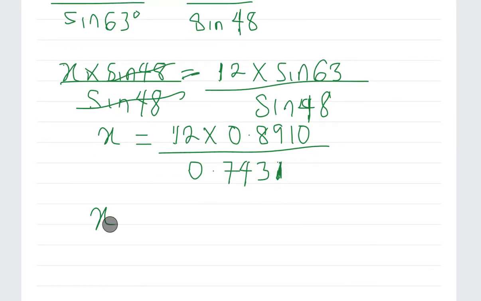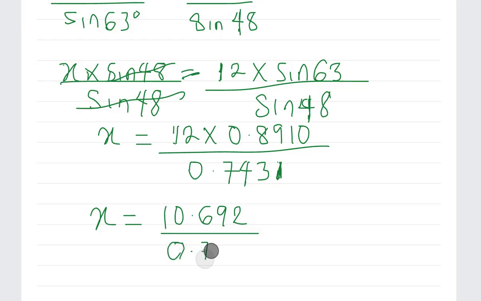So that means x will be equal to 12 multiplied by 0.8910, which gives us 10.692, all over 0.7431.